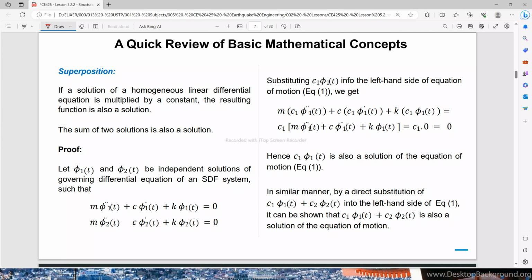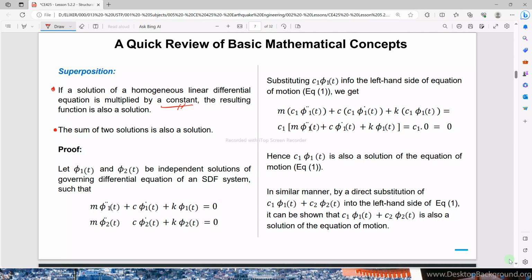The second is that if you multiply a constant, the resulting function will also become a solution. So here we have the sum of two solutions, and here we also have the multiplication of the constant throughout the equation.